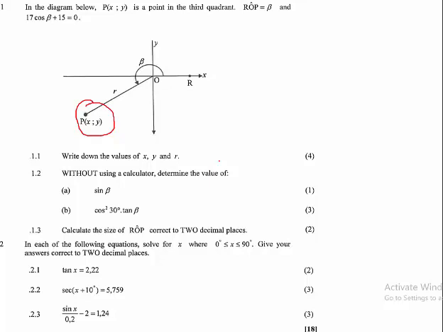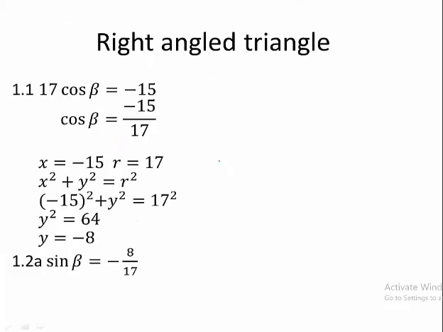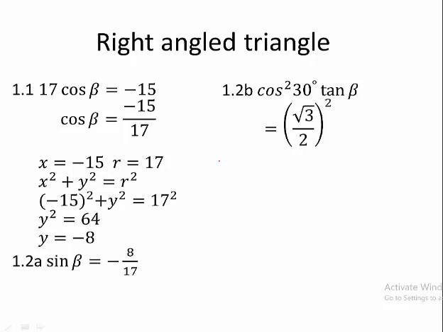So let's look at the second question. It says now you are calculating, remember, without using a calculator, cos squared 30 degrees by tan beta. So you will carry on. So for that 1.2b, cos squared 30 degrees by tan beta. So you will then convert all this into actual values. So what is cos 30 degrees? Cos 30 degrees is the same as writing square root of 3 over 2, right?